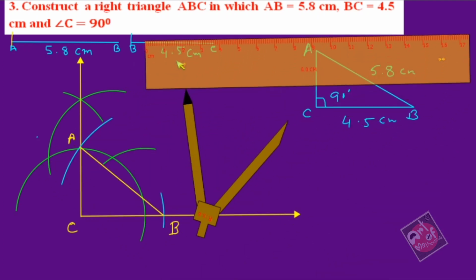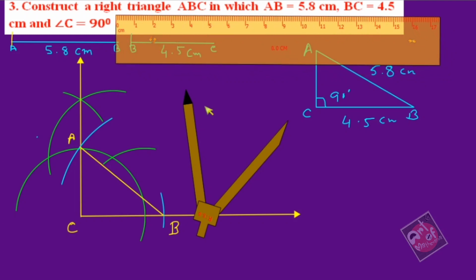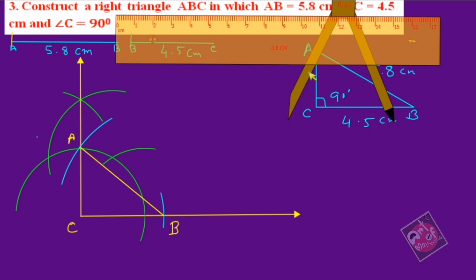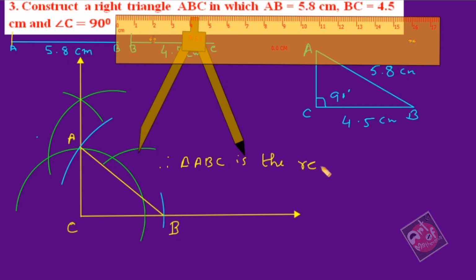Students, I hope this is clear, and this is our required triangle. So I can write over there, therefore triangle ABC is the required right triangle.